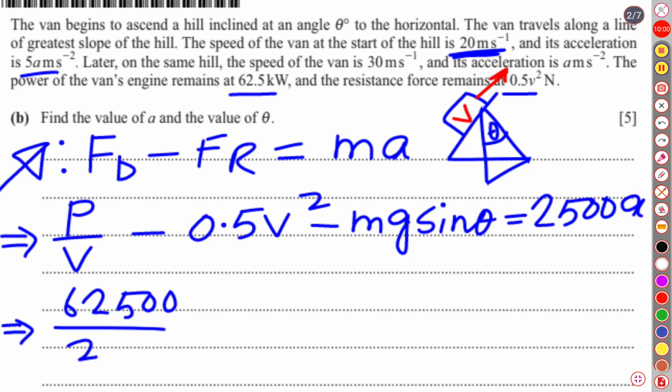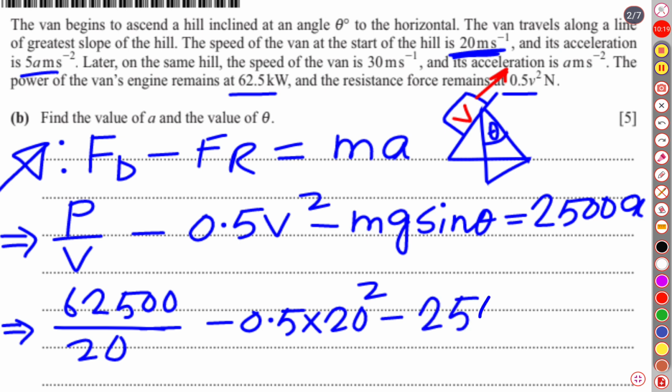So we write 62,500 over 20, minus 0.5 times 20 squared, minus mass of the van 2500 times acceleration due to gravity 10, so 25,000 sine theta, equal to 2500 a.